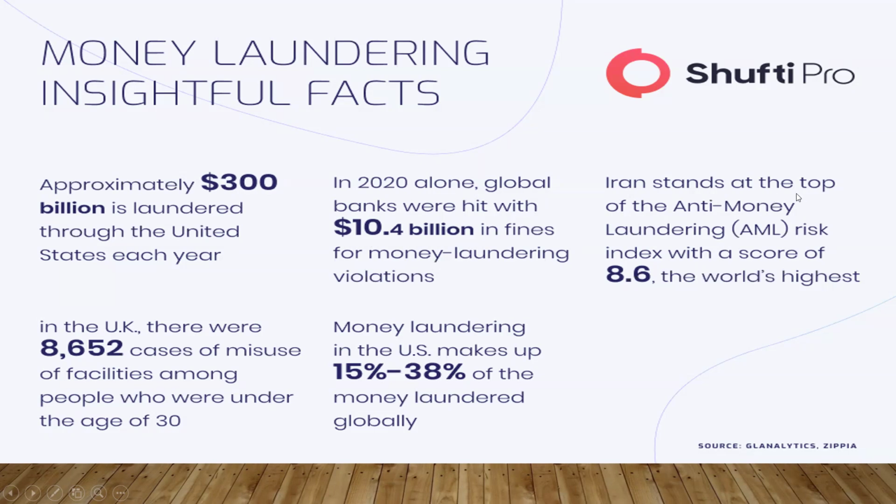Iran stands at the top of the anti-money laundering risk index with a score of 8.6, the world's highest. In the UK there were 8,652 cases of misuse of facility among people under the age of 30. Money laundering in the US makes up 15 to 38% of money laundering globally. And we already discussed in the first slide that 80% of the money going into money laundering goes through international trade.